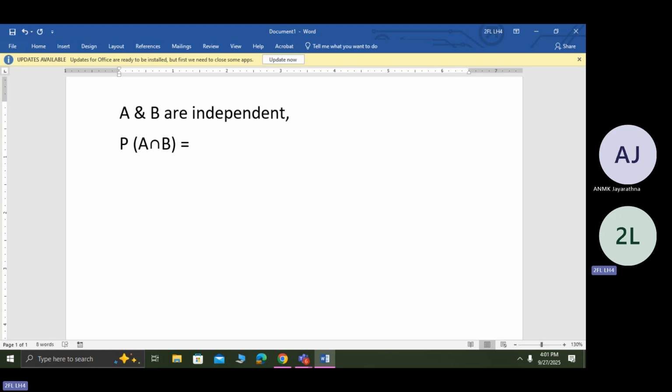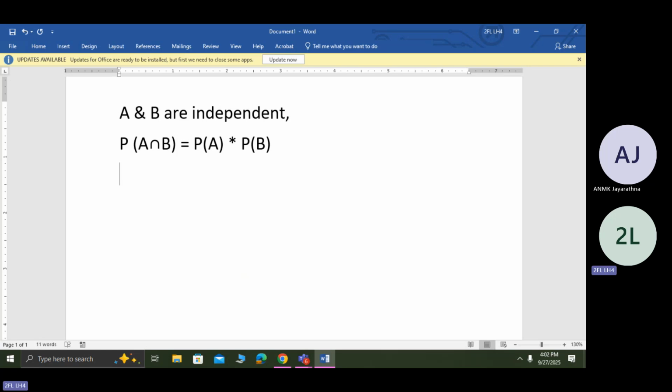If there are two events A and B, or any events, and the given two events are independent, then the intersection should be equal to probability of A into probability of B. Understood? If events are not independent, we cannot use this formula to find the intersection.